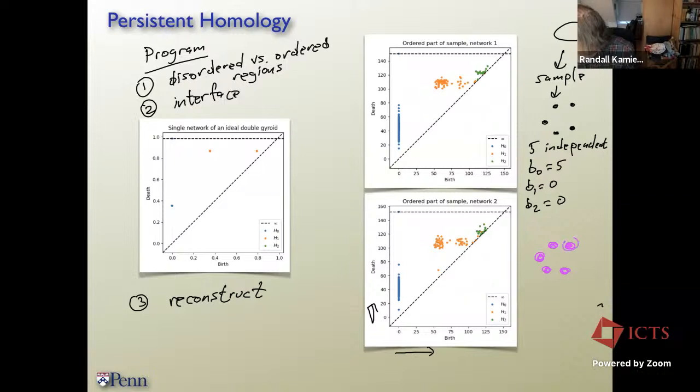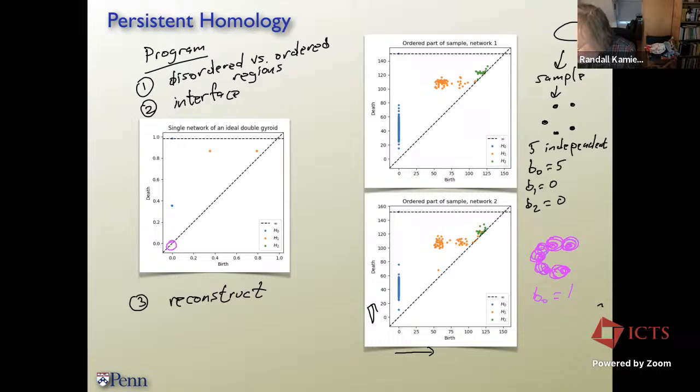But at some point, these purple regions start to overlap. And suddenly, B0 is now 1. I only have 1 domain. So what happens is, you can see it here, something is born, right? You have a certain number of things.